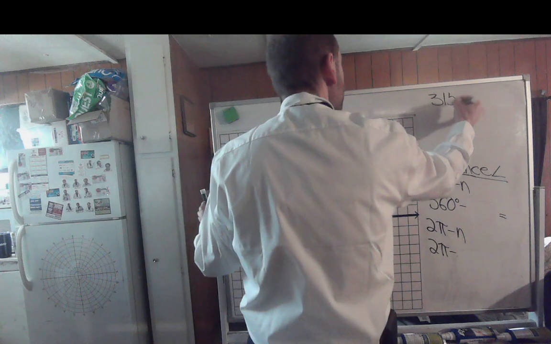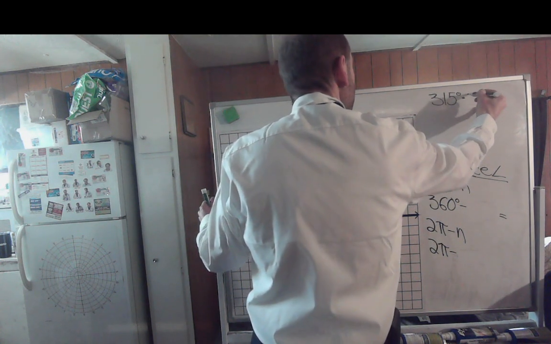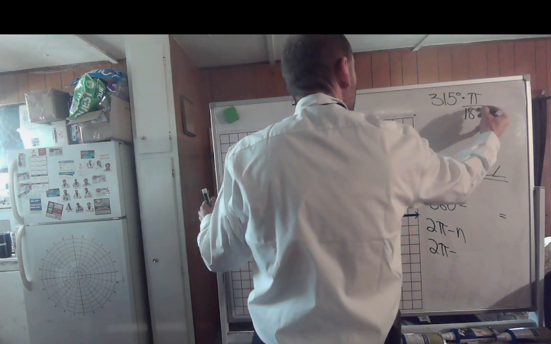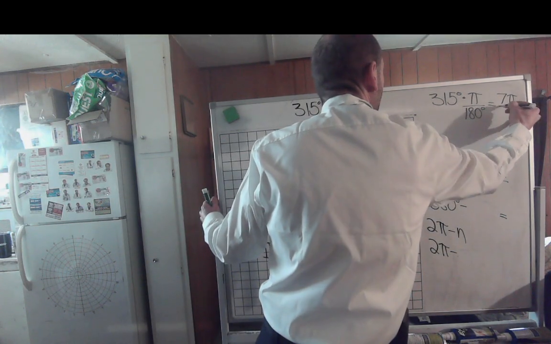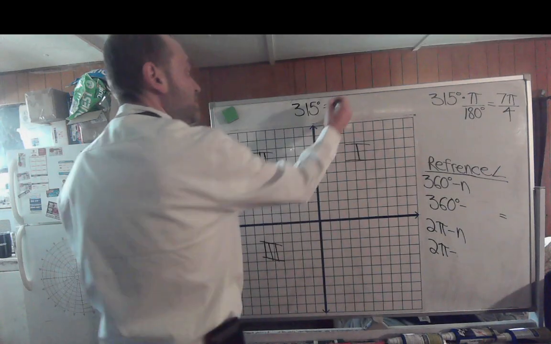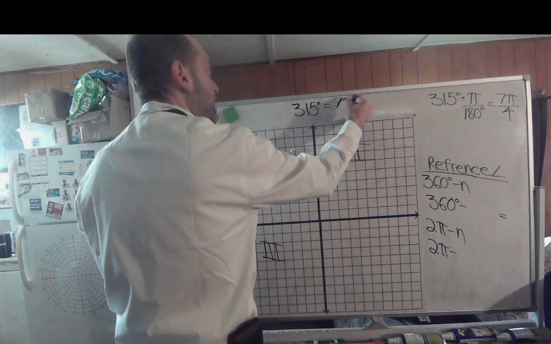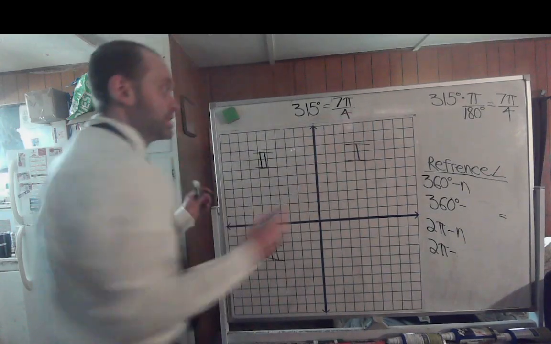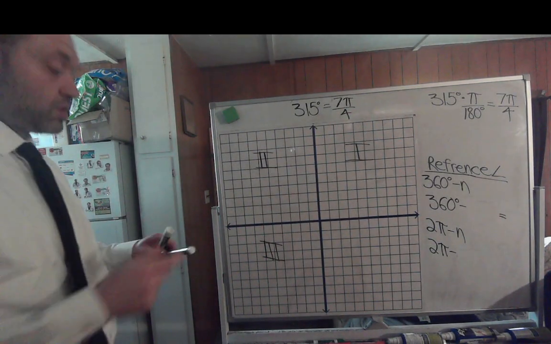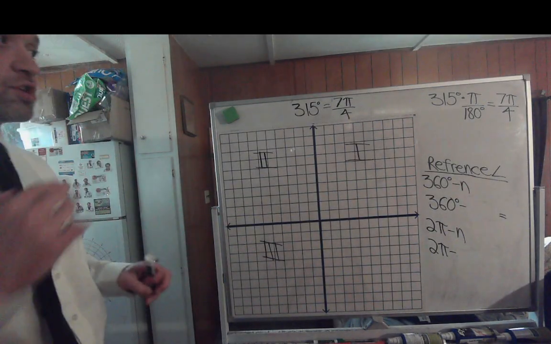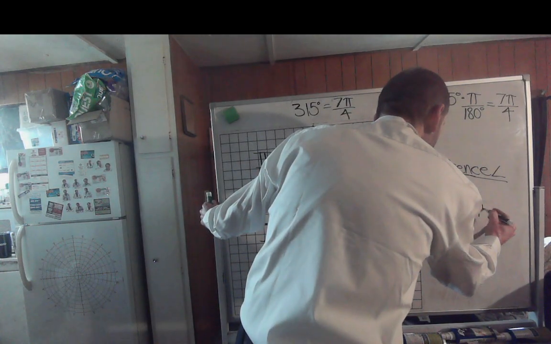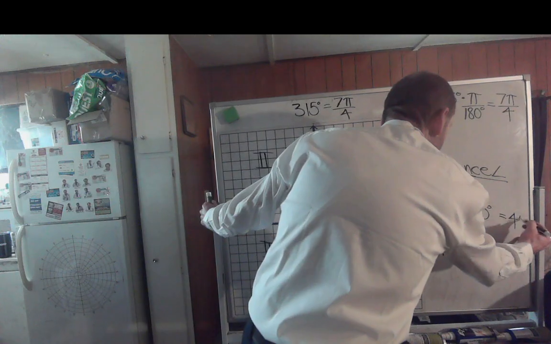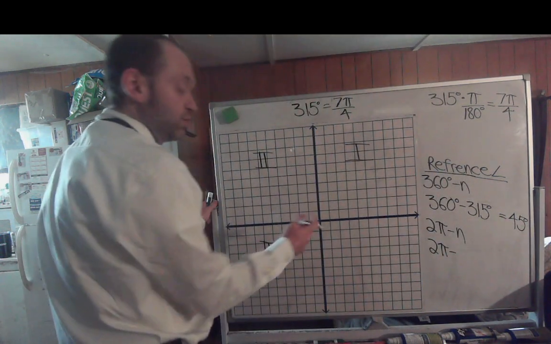So 315 degrees times pi over 180 degrees would end up becoming 7 pi over 4. So 315 degrees is the same as 7 pi over 4 radians. So what would that be in terms of a reference angle? You're in the fourth quadrant, so take 360 minus 315 degrees, and you would get a 45 degree angle in the fourth quadrant.